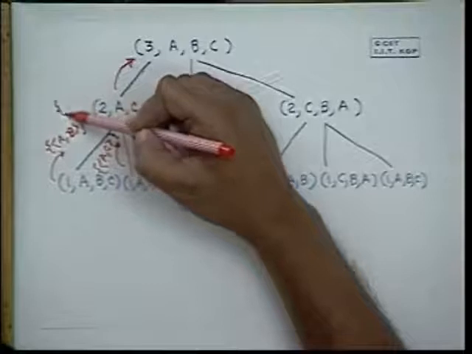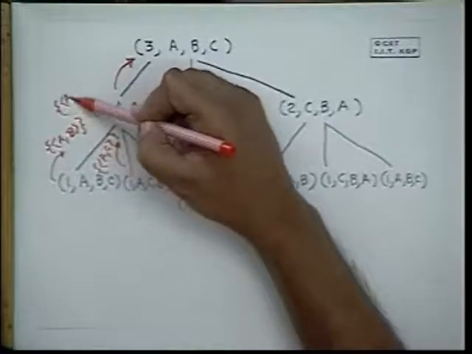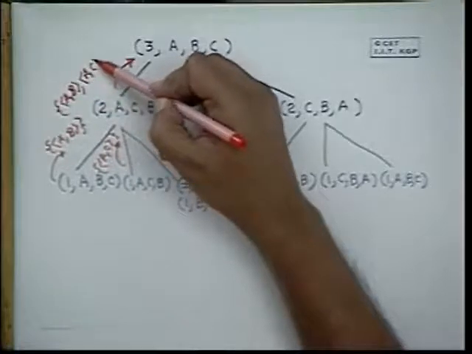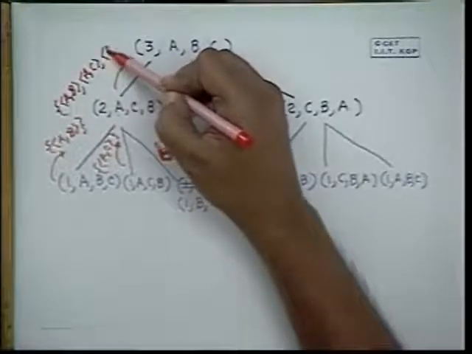So this one will return A B, comma A C, comma B C.